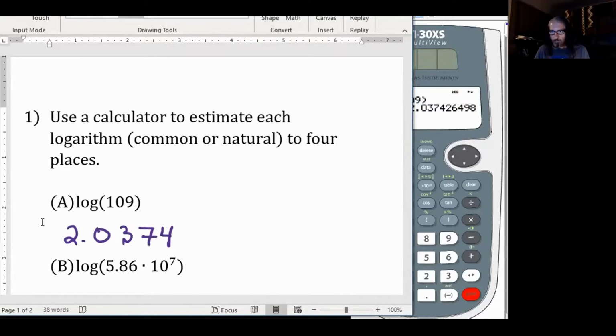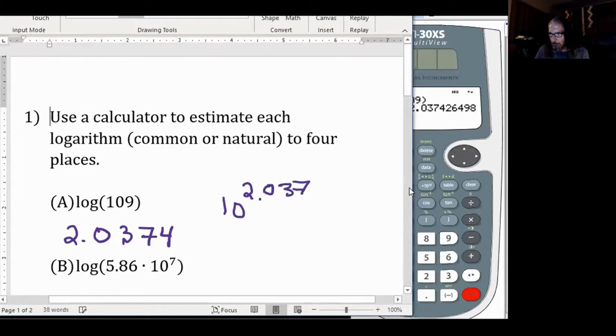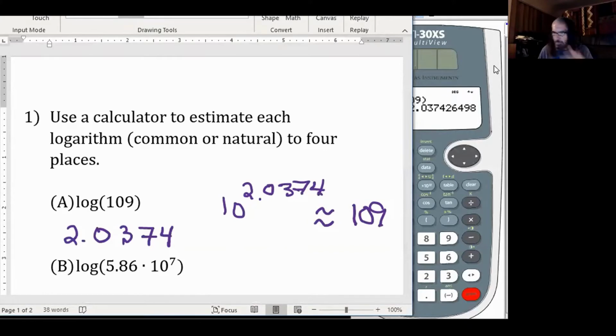Now, a few points here. Since that was base 10, that means that 10 to the 2.0374 power should be approximately 109. I'm not putting the equal sign, I'm putting the squiggly approximately equal sign here because we rounded the answer to 2.0374, and so we're not going to get exactly 109.